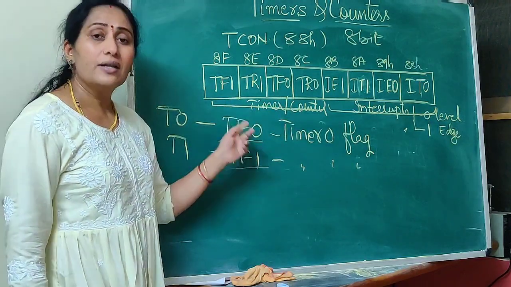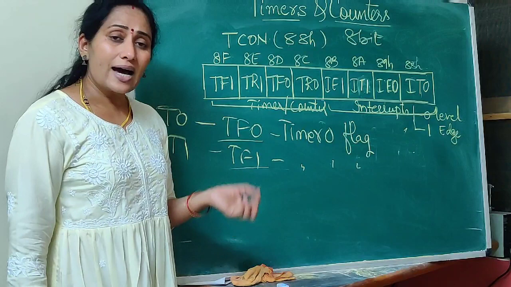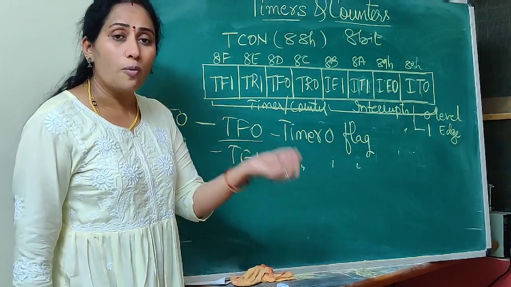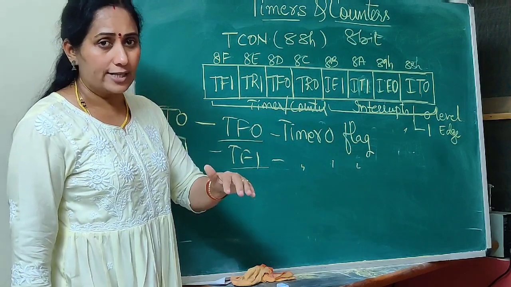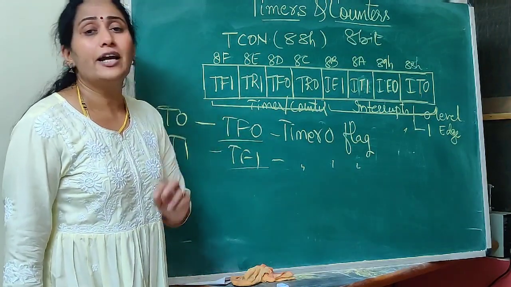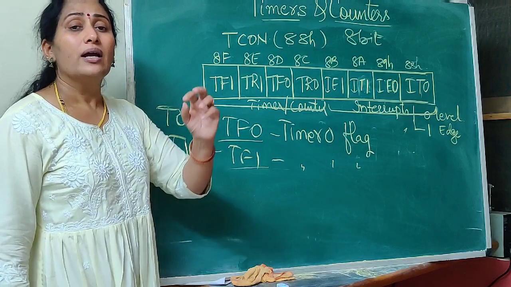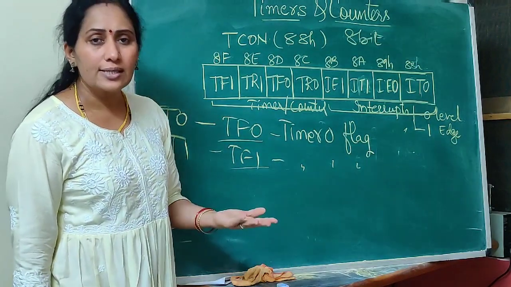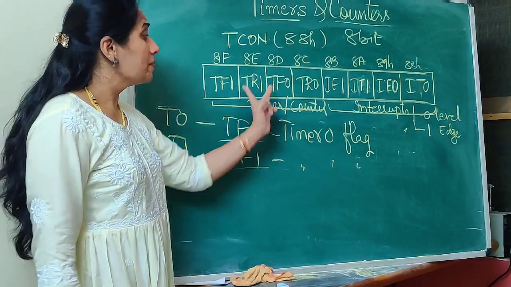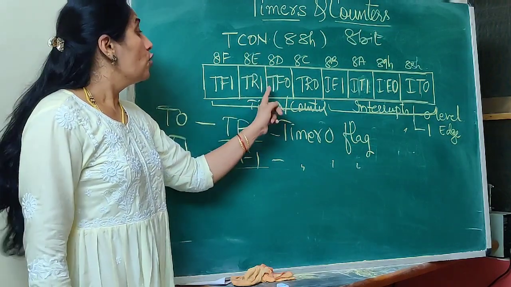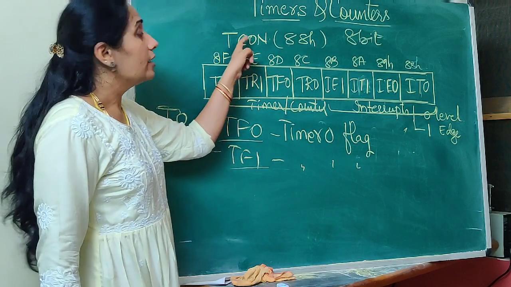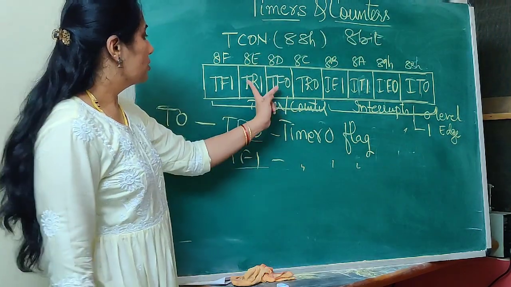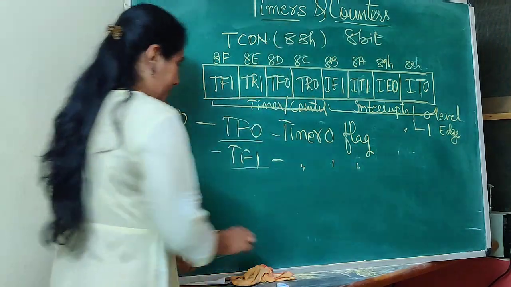TF0 and TF1 are the flag bits which are set by the processor when the operation is finished, when the rollover of the maximum count takes place, and they should be cleared by the programmer before the programmer repeats the process again. So this is the higher nibble of TCON, which provides us the control. That's why it is the timer control register.